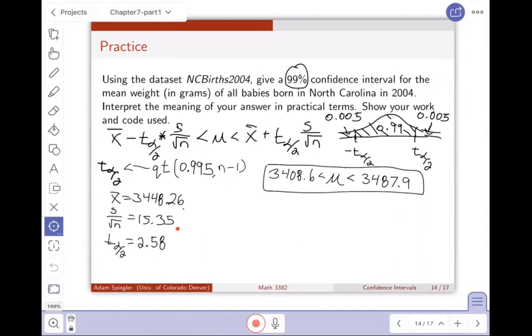We found the estimate for the standard error. This was our sample mean. And then using the formula that we have up here, we got the following estimate. And so here we would say that there's a 99% chance the interval from 3,408.6 to 3,487.9 grams contains the mean weight of all babies born in North Carolina in 2004.